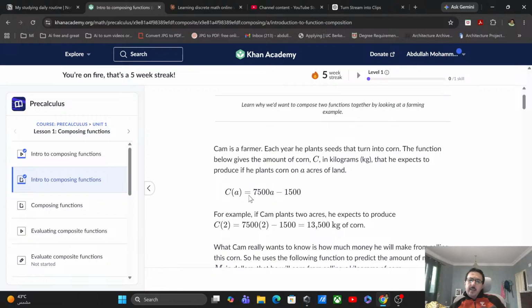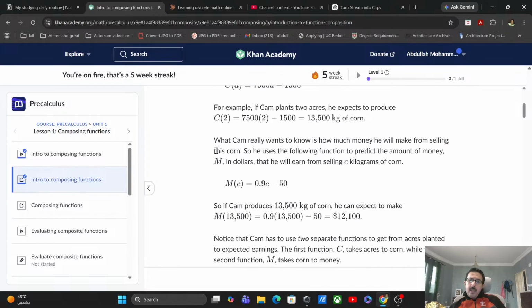So C of A equals 2500A minus 1500. For example, if Cam plants 2 acres, he expects to produce, so this is going to be 2, and the rest.